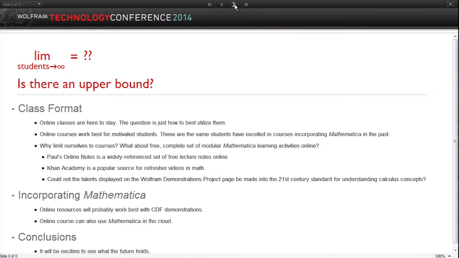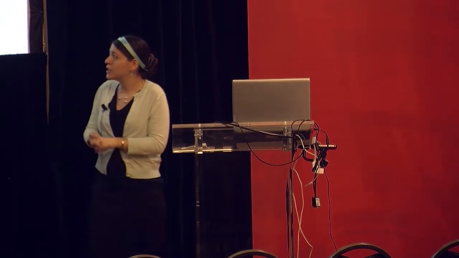By popular choice, when students need a reference, they turn to Paul's online notes, or if they want a video, they turn to the Khan Academy. But right now, they are not turning routinely to the Wolfram Demonstrations Project, which is really the strength behind what a lot of educators could be using.